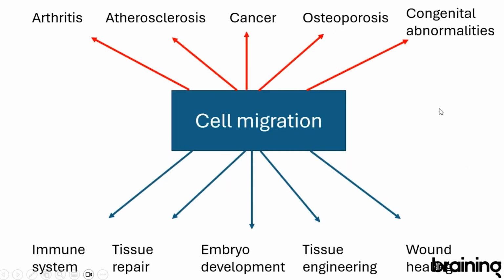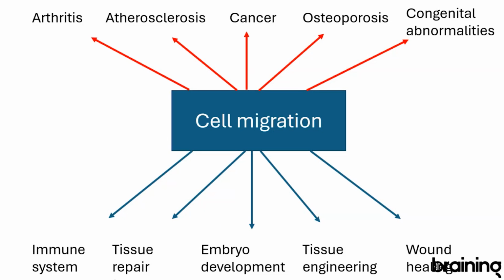Let me show a short overview of where we can see cell migration. On the bottom, I show the normal physiological processes which are connected to or even based on cell migration events. We have the action of the immune system. There are beautiful movies which show how, let's say, leukocytes chase bacteria inside our body.